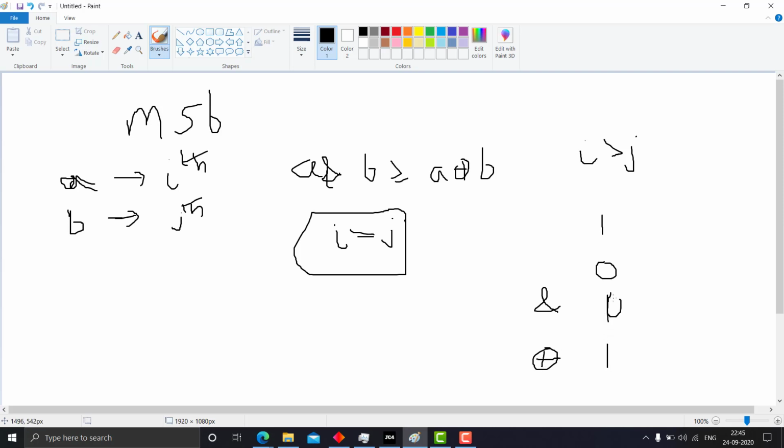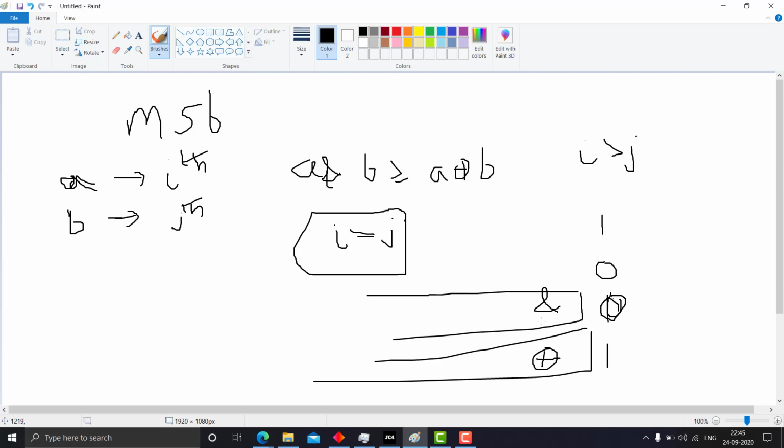Even if all the lower bits are 1 in the AND and all the lower bits are 0 in the XOR, the AND will always be less than the XOR. That means the AND of both numbers cannot be greater than the XOR unless i equals j. I hope you got the point.